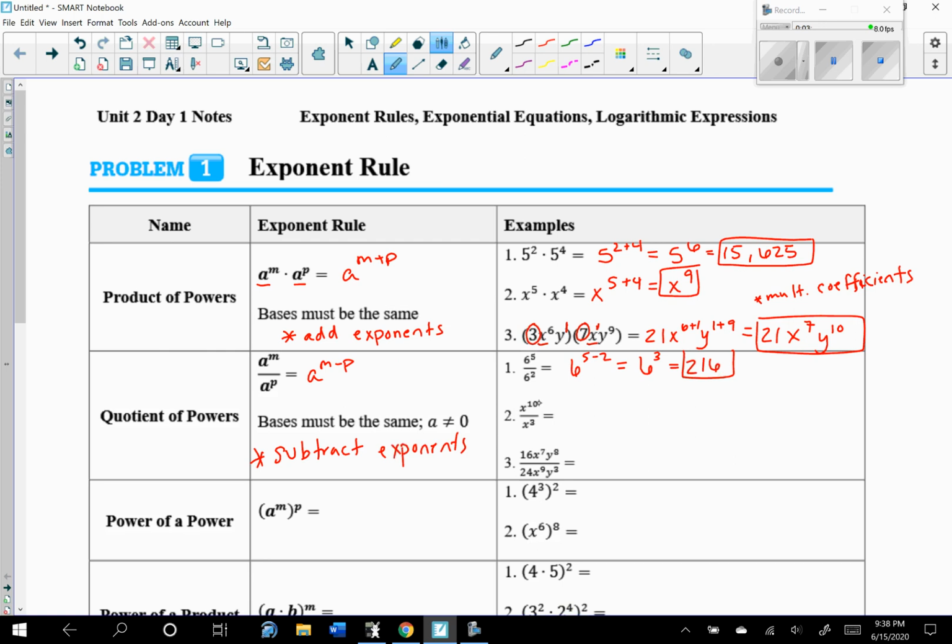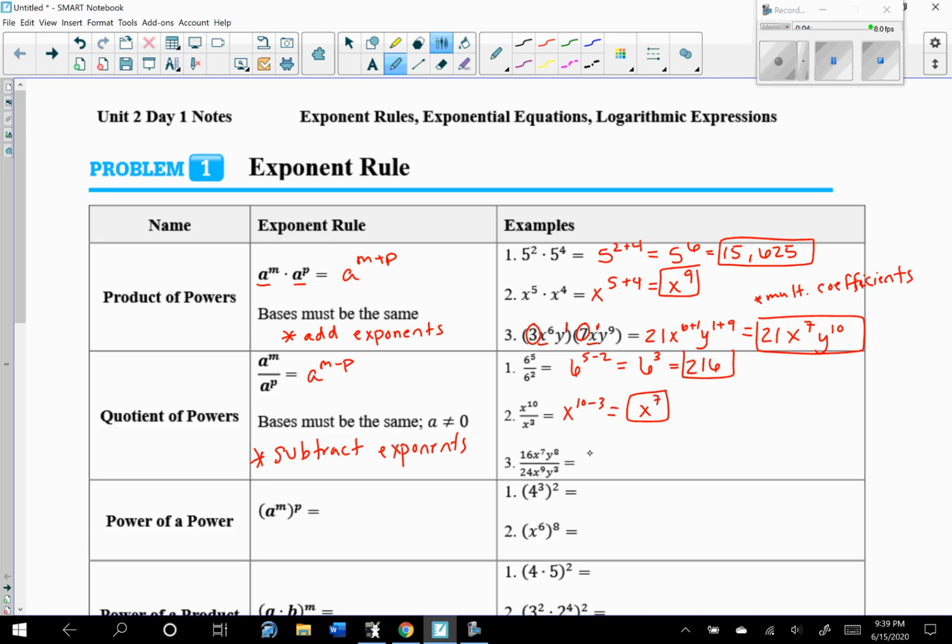Looking at the next one, x to the 10th over x cubed. Same thing, same base, subtract the exponents. So x to the 10 minus 3, which is x to the power of 7. And here, we see we have these numerical values in front, and then we have the same base with the x's and the same base with the y's.